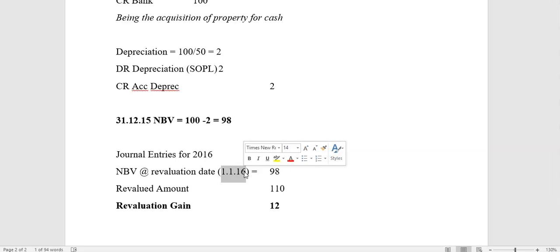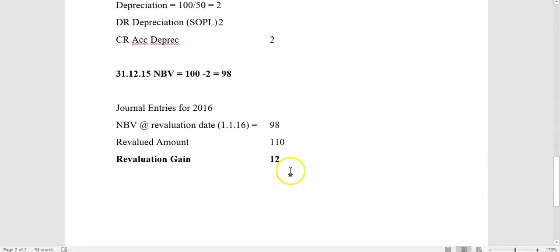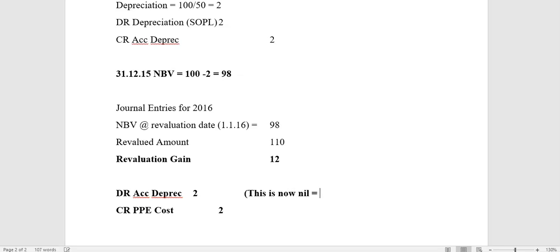Right? If we were doing the revaluation at the 31st of December 2016, then we would charge depreciation for that period as well. So in our case here, what you do is you get rid of accumulated depreciation and you put it against the PP cost. We always do that initially, 2 and 2. So your accumulated depreciation is now nil, 2 minus 2 equals 0.